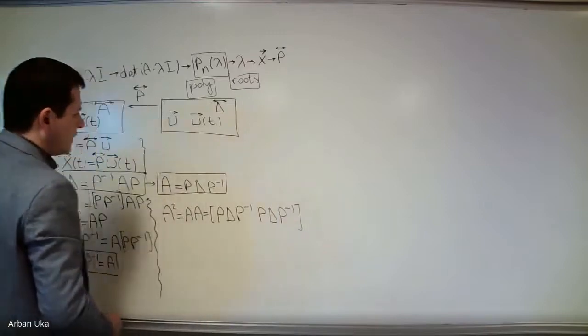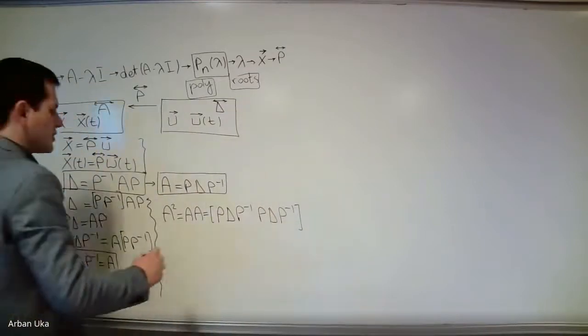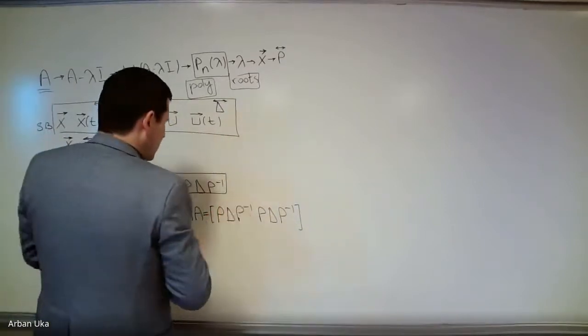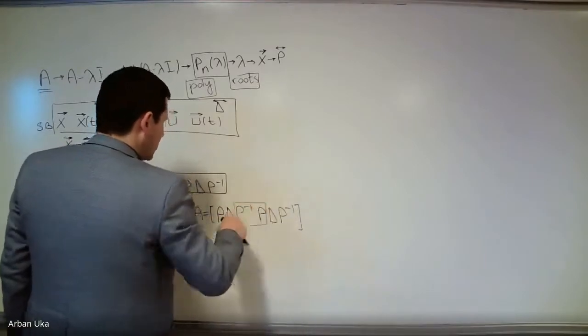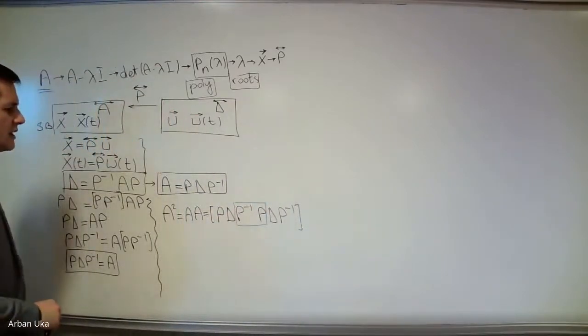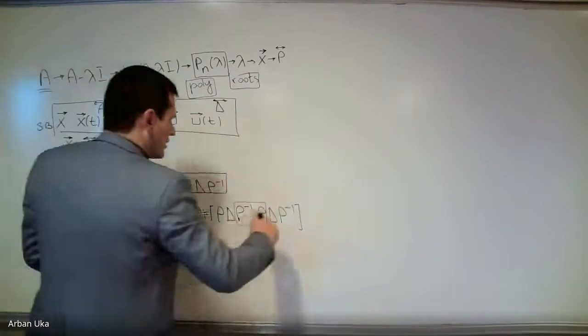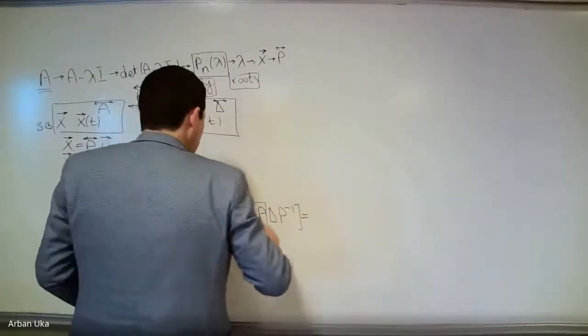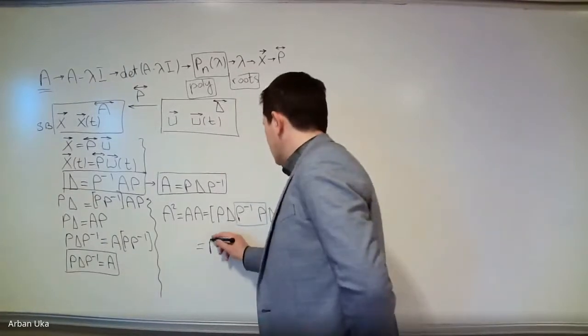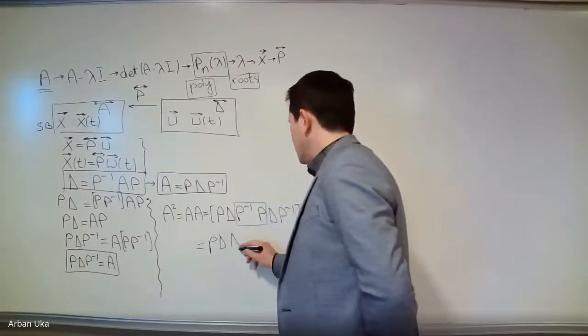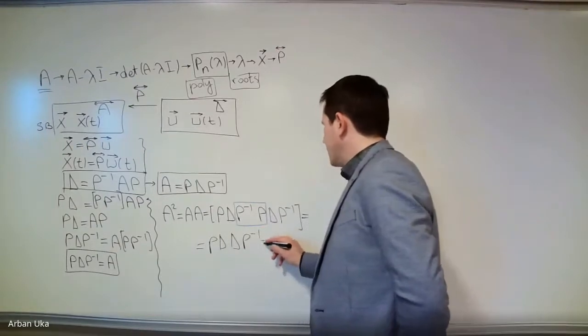Okay. So if we have this multiplication, the first calculation that we do, we find what is P inverse times P. Okay, and this is equal to the identity matrix.